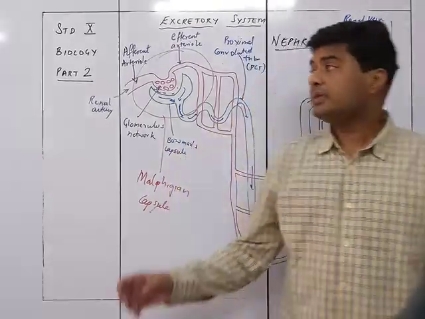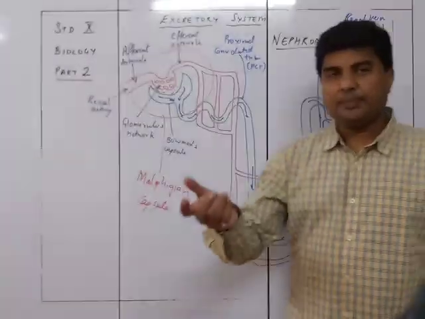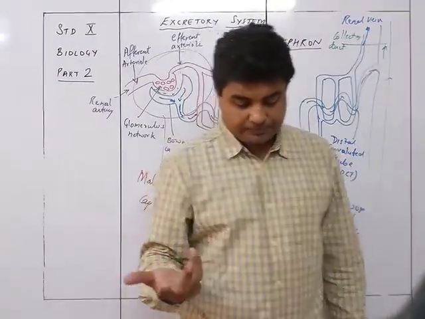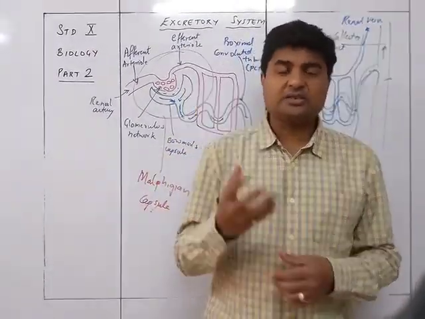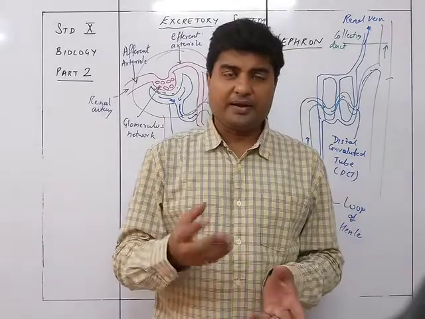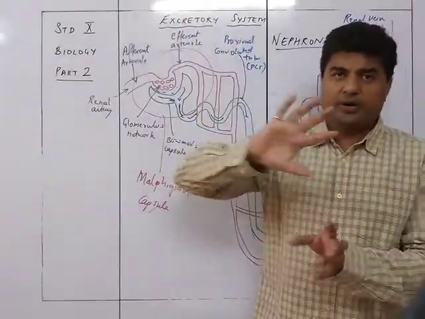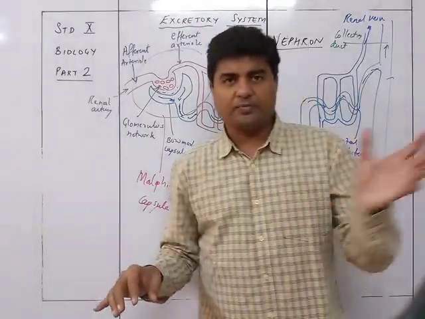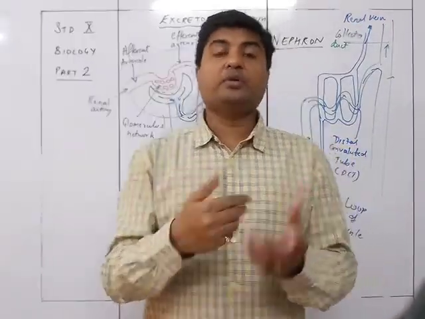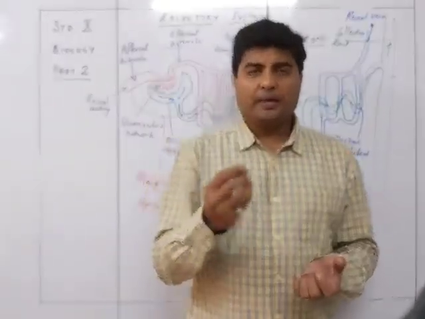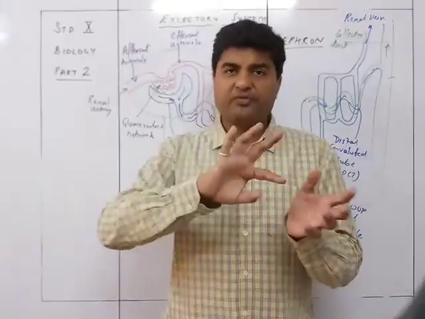Whatever is remaining will be only the thicker part: large molecules, proteins, and the corpuscles, the RBC, WBC, and platelets. All these remain and are pushed forward by the pressure coming from the backside. You might ask how it moves if all the liquid has gone, but yes, it will be thicker, but it will be able to flow because of the pressure from the backside.